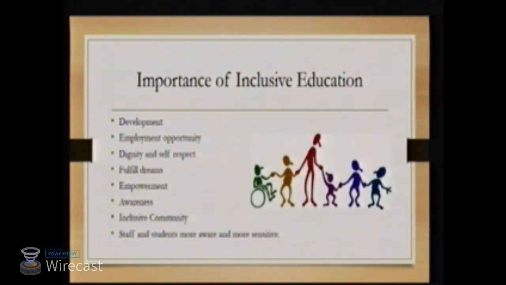Awareness is another outcome of having an education. Being aware of what's happening around us, new developments, and so forth. We're actually up to date and we're included. And inclusive education helps achieve an inclusive community.